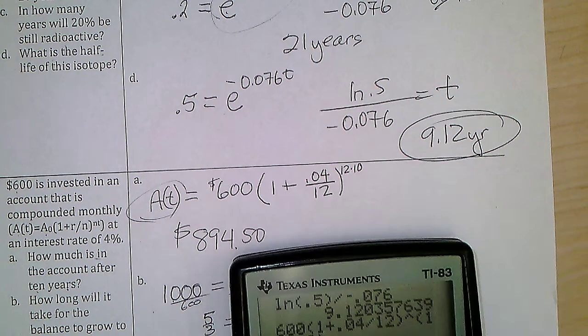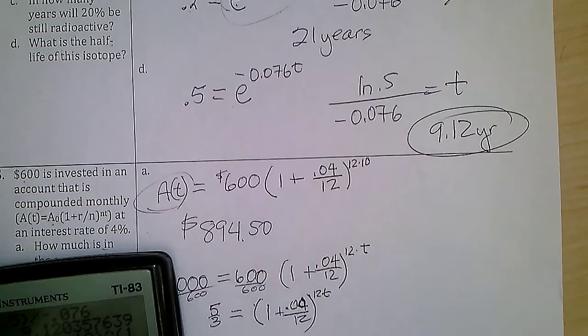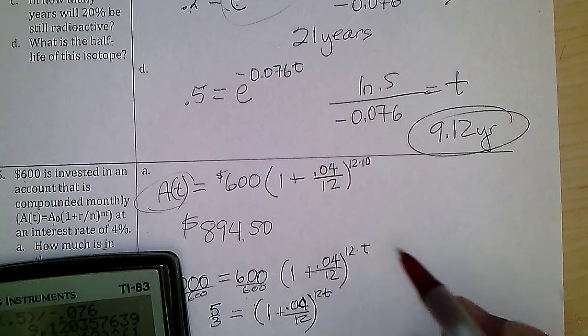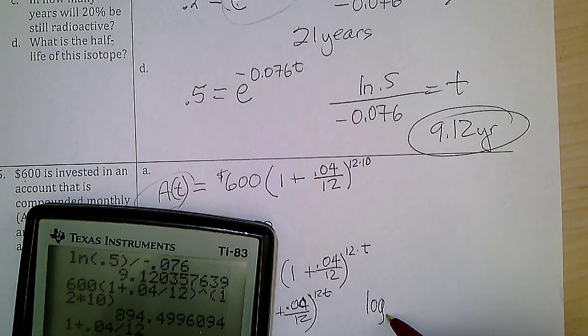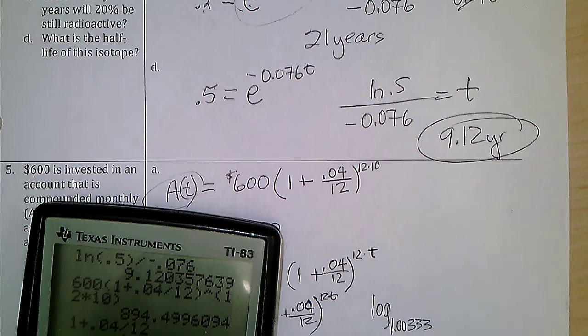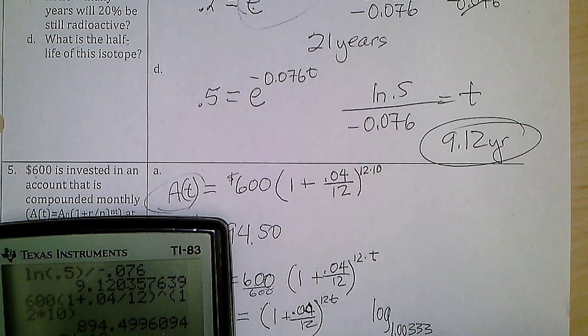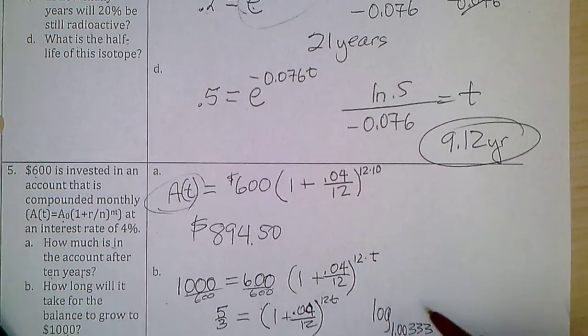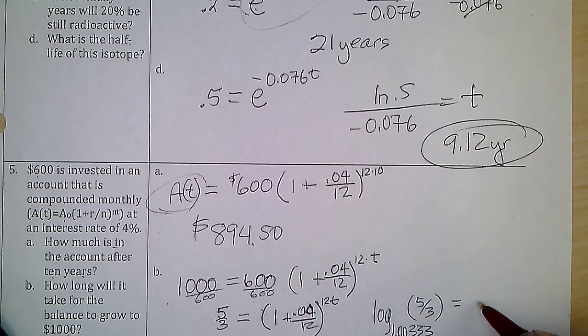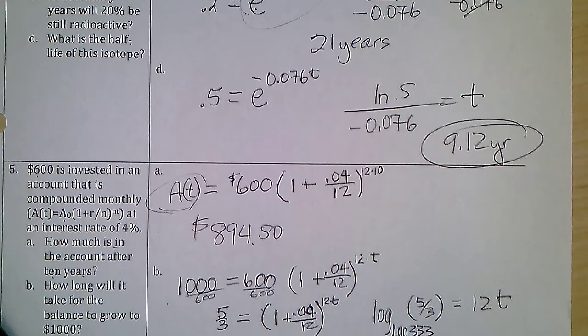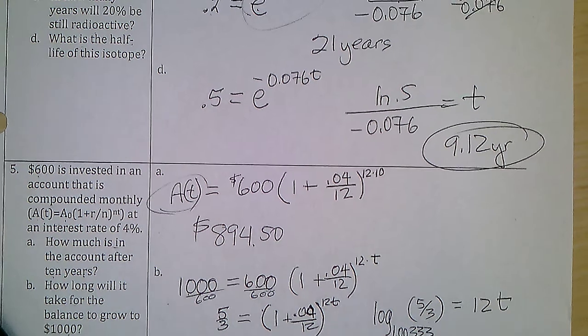Now if I write this as a log equation, because I want the power, it's going to be log with this base 1.00333, that's probably enough decimal places, of 5/3 equals 12t. So I've got to figure this out and then divide it by 12.